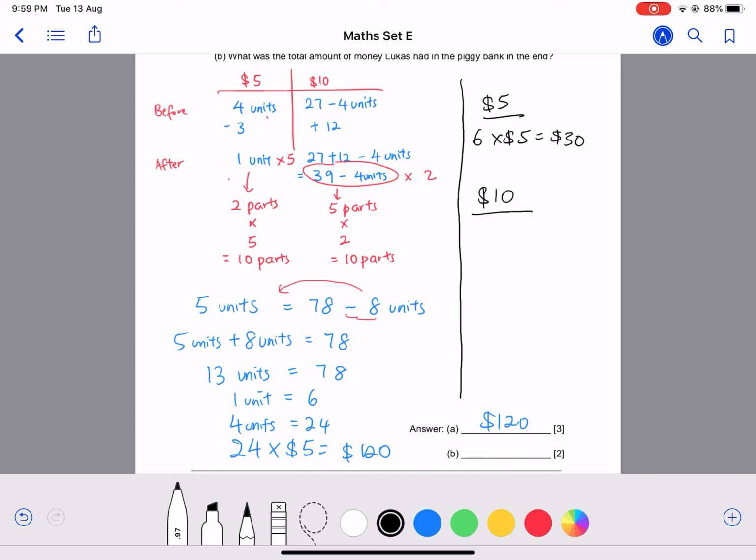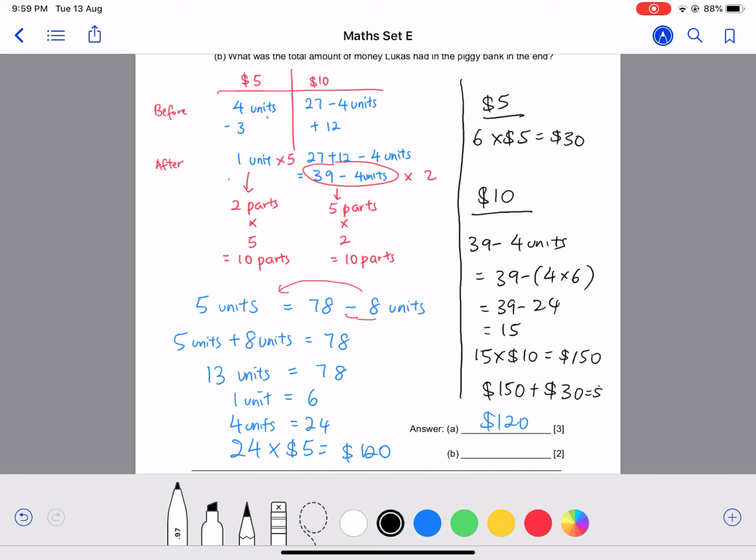For the $10 ones, you have 39 minus 4 units, and 4 units is actually 4 times 6. So 39 minus 24 is 15. There are 15 pieces of $10, which is $150. Now you add up the total, it will be 150 plus 30, which is 180. That's the answer, the value. This is number times value, 180. So this gives you the answer for both.